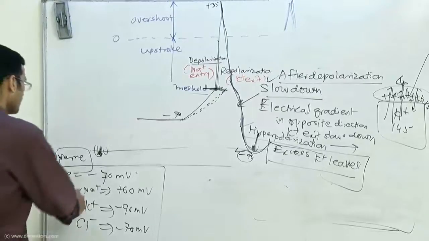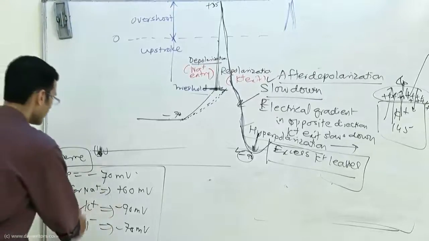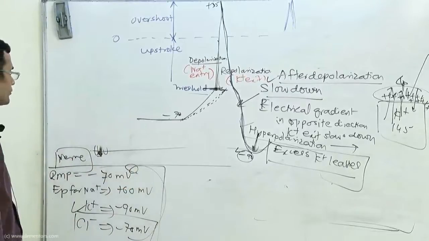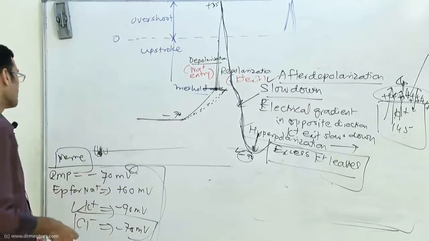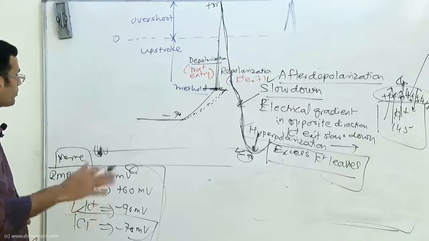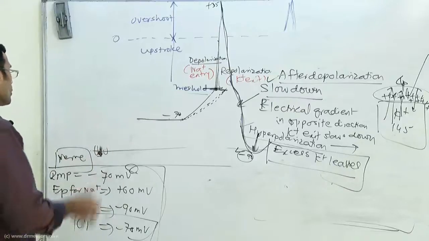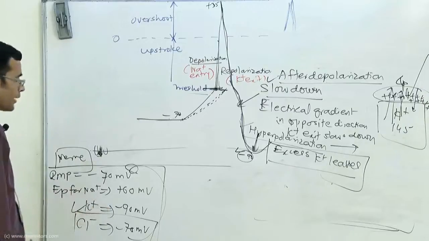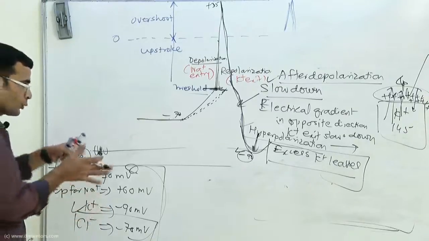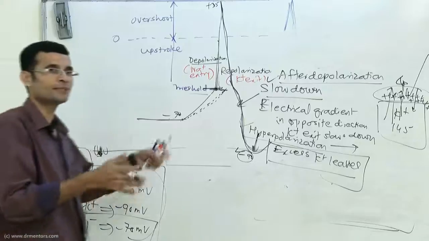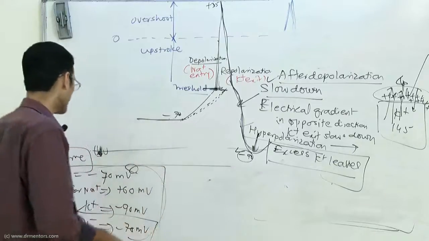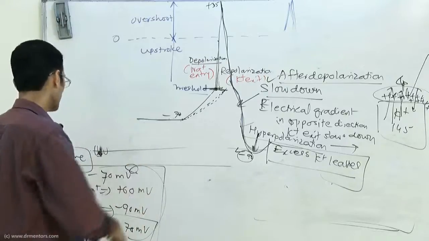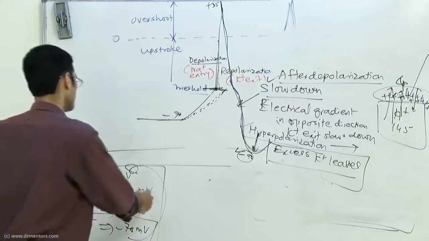No, the answer should be potassium, because chloride's equilibrium potential is the same as that of the RMP of the nerve. Same is not closer. The question is equilibrium potential for which ion is closest to the RMP of the nerve. The answer should be potassium, because closest does not mean same. Same does not mean closest, and therefore chloride is not the answer for this. In the case of skeletal muscle, the answer was chloride. In the case of nerve, the answer should be potassium.